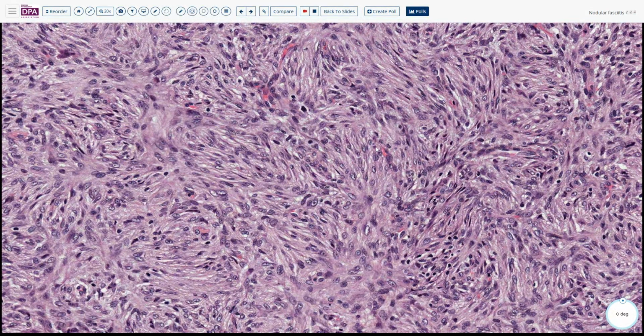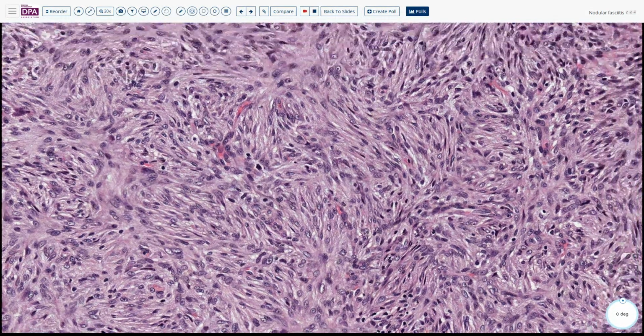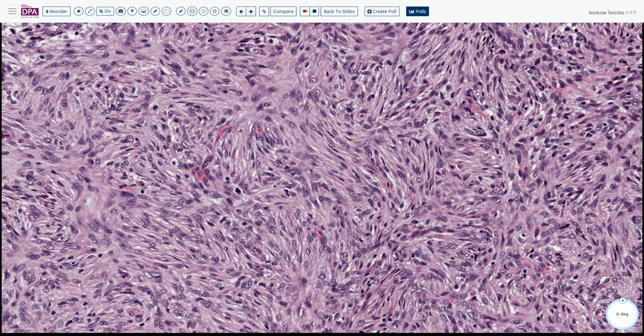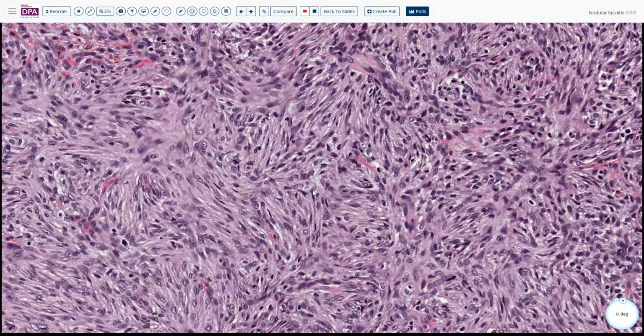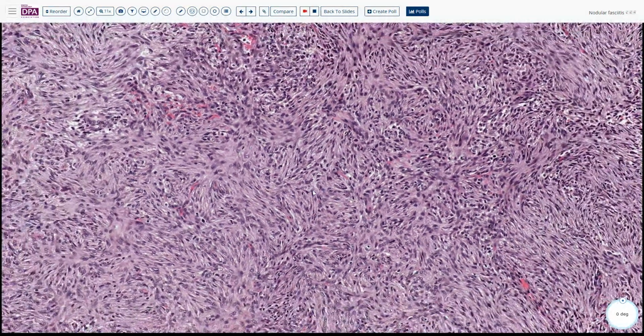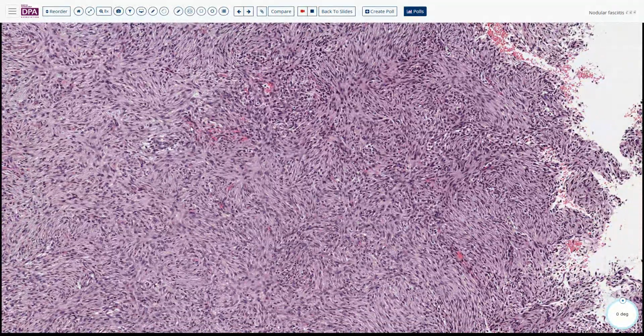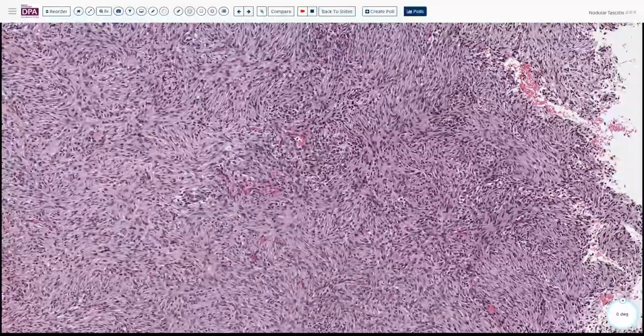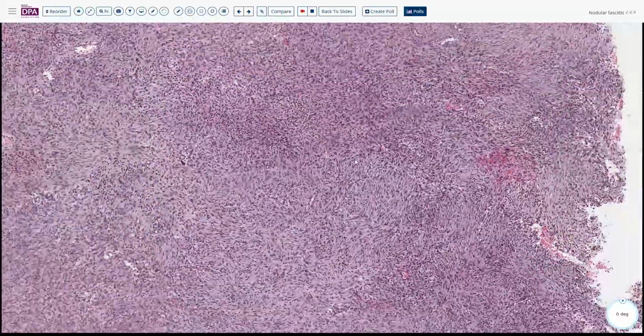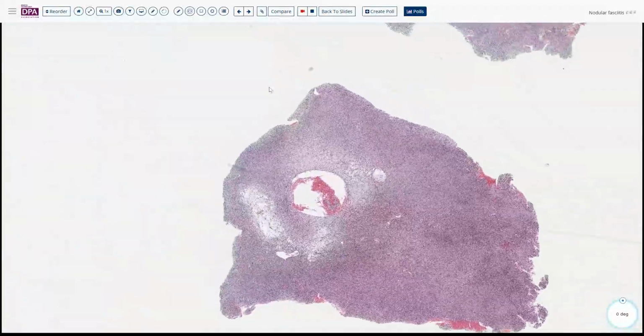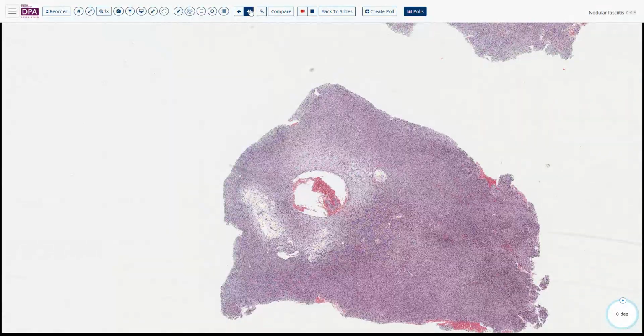Maybe sometimes you can see some lymphocytes, but definitely you won't see sheets of plasma cells and even neutrophils, because this is not the characteristic feature of nodular fasciitis. Of course, they can have extravasated red blood cells that we can easily find. So this one is nodular fasciitis. They're usually smaller than the IMT.